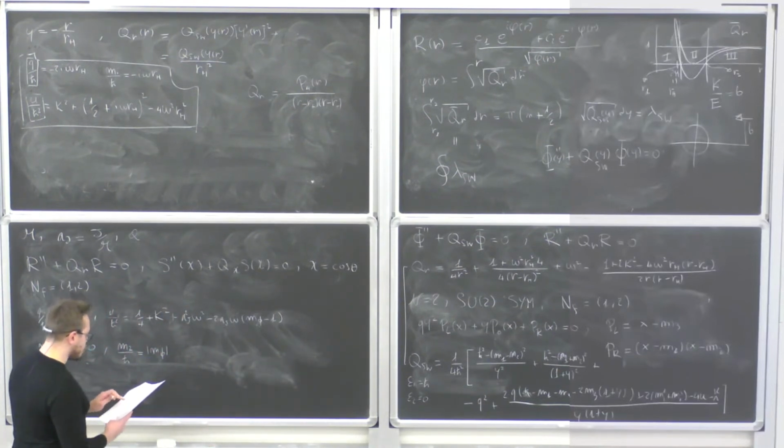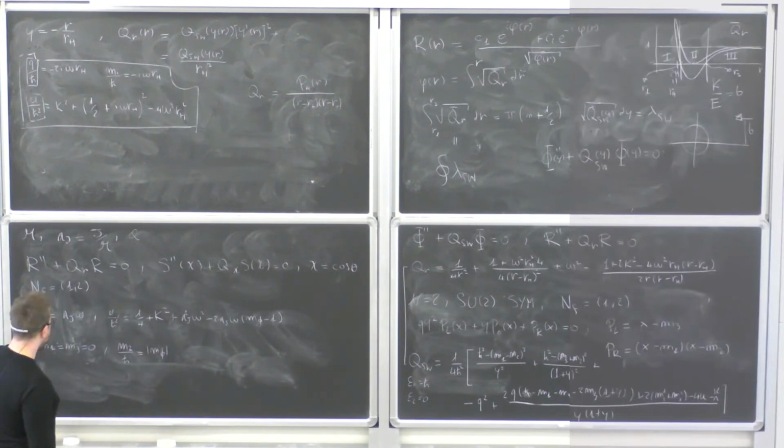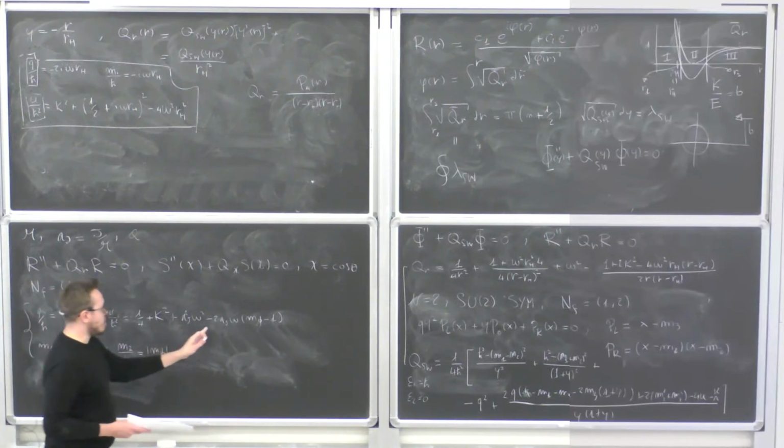Okay, so why do I want to study the angular equation now? Because you can see that when aj goes to 0, I'm retrieving the spherically symmetric differential equation for the angular part, q goes to 0, and also all these terms vanish.